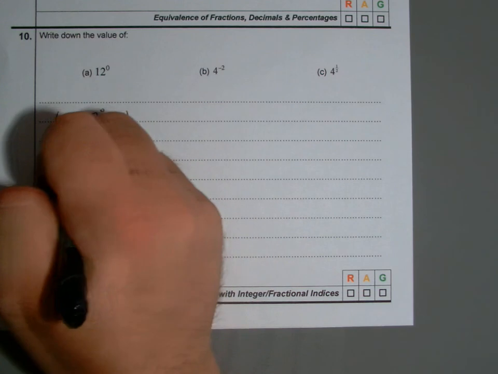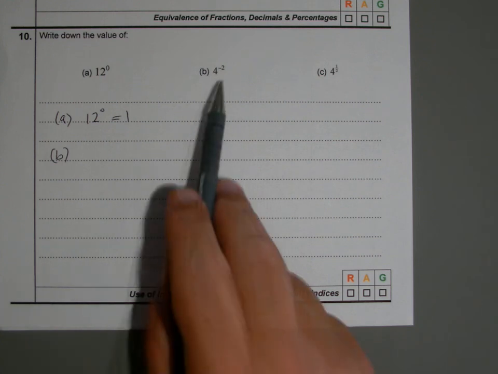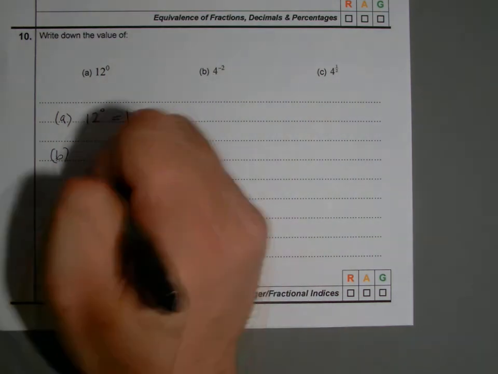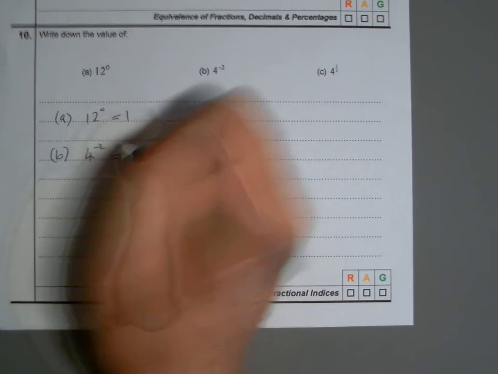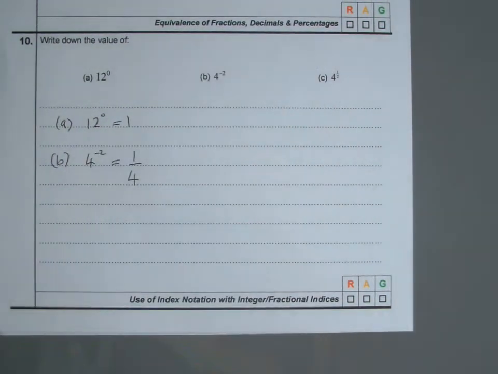With B, now notice that we've got 4 to the power minus 2. Well, the key to it when you've got a minus power is flip the number. So whenever you have a minus power, write it as 1 over. Write it as a fraction and put the 4 on the bottom. Can we remember that?